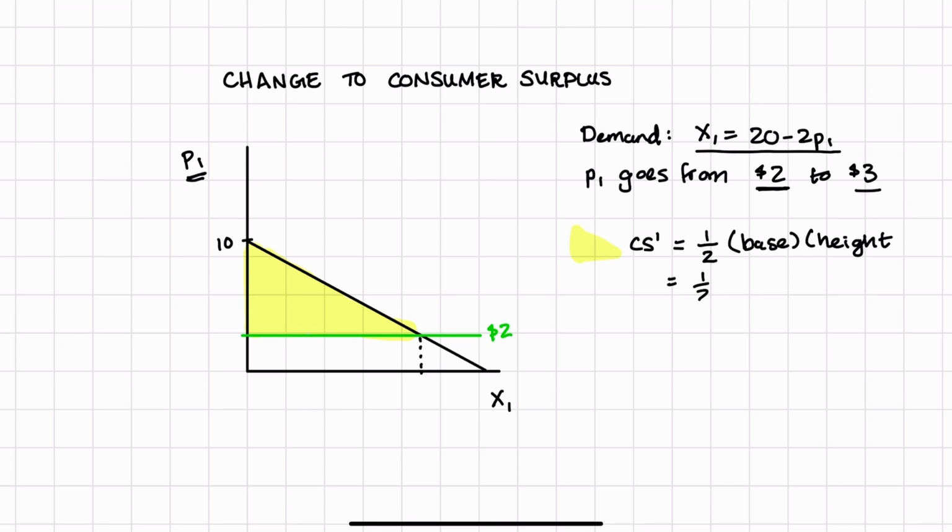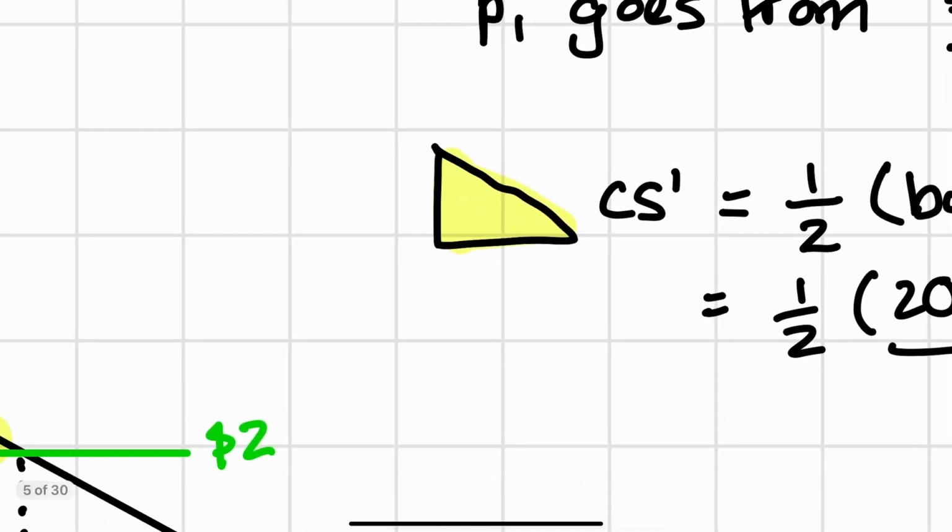So 1/2, the base will be 20 minus 2 times the price of $2. That comes out to 20 minus 4, which is 16. And then the height is just the difference between 2 and the y-intercept, which is 8. So the area of the yellow triangle is 1/2 of 16 times 8, or 8 times 8, which is 64. So the area of this is $64.